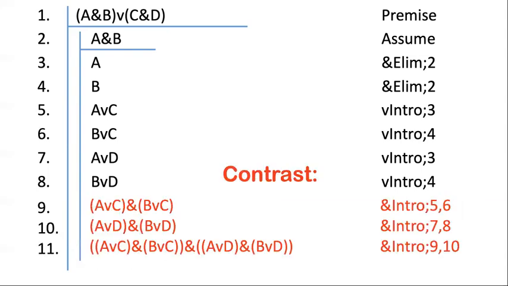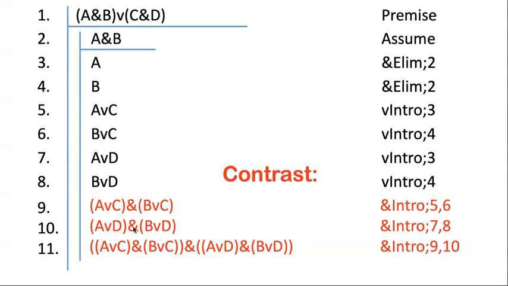Now, contrast it with this example. What if my conclusion that I wanted was actually this thing, where I did some associativity, and I grouped these first 2 by associativity, and I grouped the latter 2 by associativity? If the grouping is in there, then I need to build them up with that grouping as well. I would first have to build A or C and B or C. So there's my conjunction intro on 2 of them.